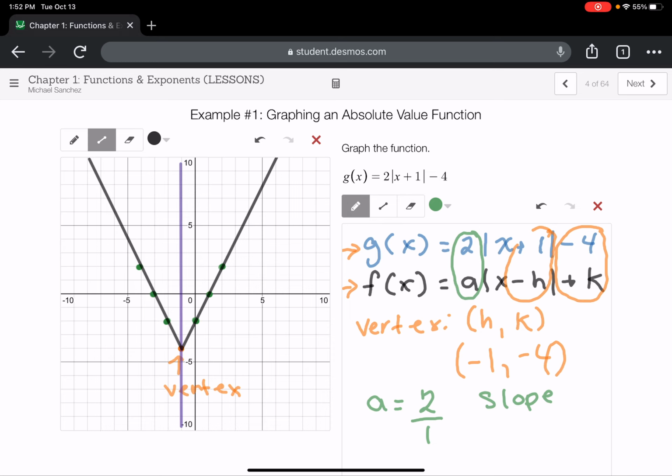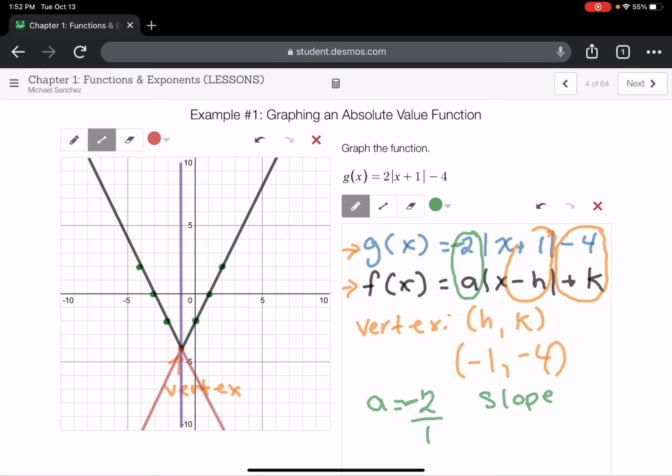Now, there is one difference when you get further onto the problems. If your A value here was a negative, instead of going up 2, you would go down. So then your graph would actually be upside down. It'd be a V shape upside down. So it looks something like this in red.